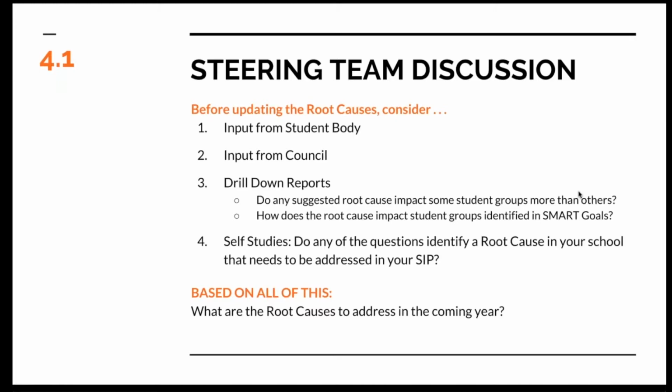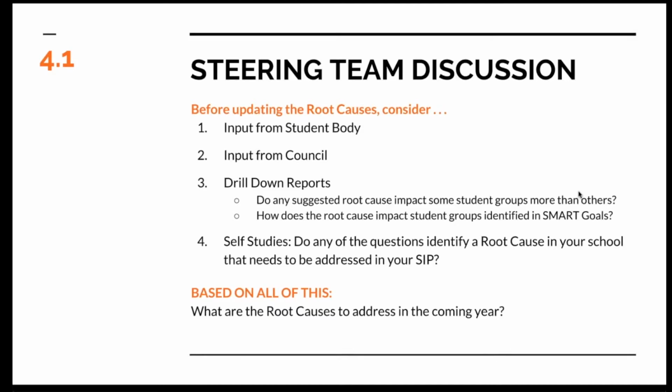Okay, before you update your root causes, and this is going to be a part of your discussion, remember that you have to have the input from the student body and have that meeting criteria. Have your input from the council in the minutes, have that meet criteria. Make sure that you've done those drill down reports. So do any of the suggested root causes impact some student groups more than others?